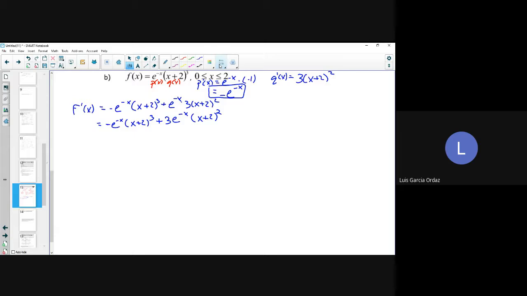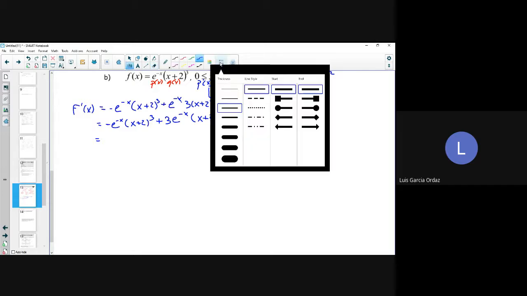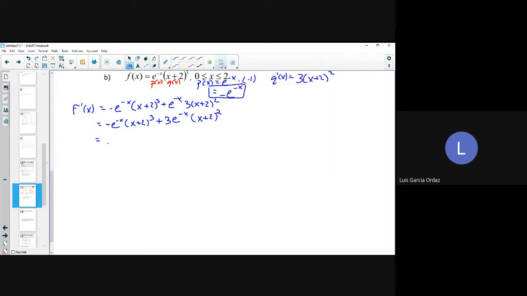So I can factor out an e to the negative x, and x plus 2 squared. That's what I can factor out.